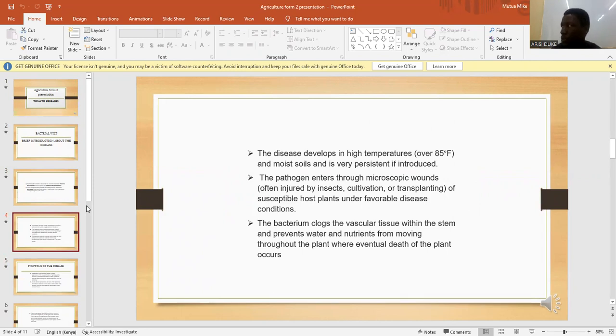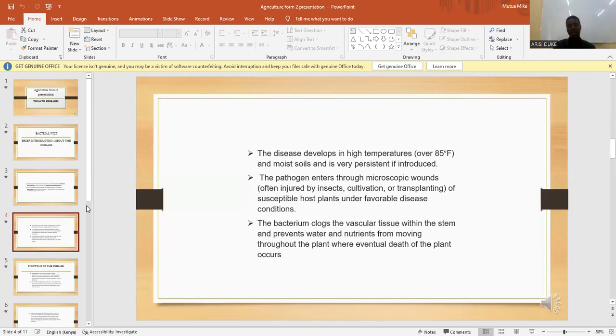These wounds may be found in the plant itself. Maybe the farmer was cultivating or transplanting the plants, causing injury to the plant, so the pathogen uses this to enter into the plant, and if the plant is affected by this bacterium, it will start to wilt.